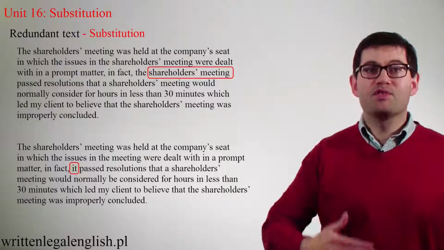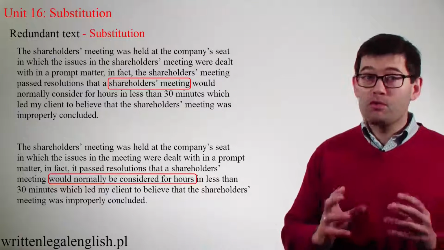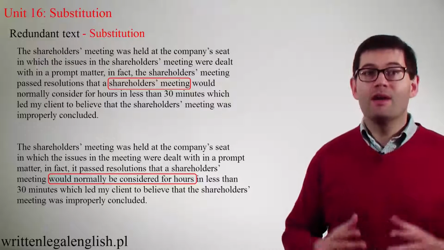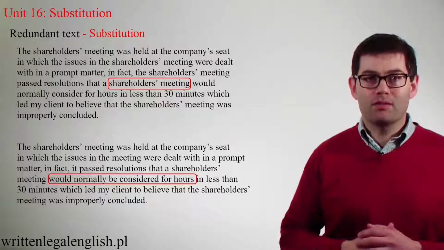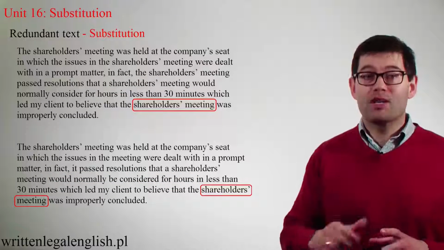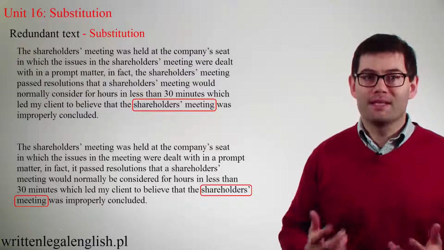It substitutes the next use of "shareholders meeting". Next, we remove the use of "shareholders meeting" and change the verb structure to a passive structure, which validly focuses on the action. And the final use of "shareholders meeting" remains unchanged, as using substitution here would weaken the message and be less emphatic.